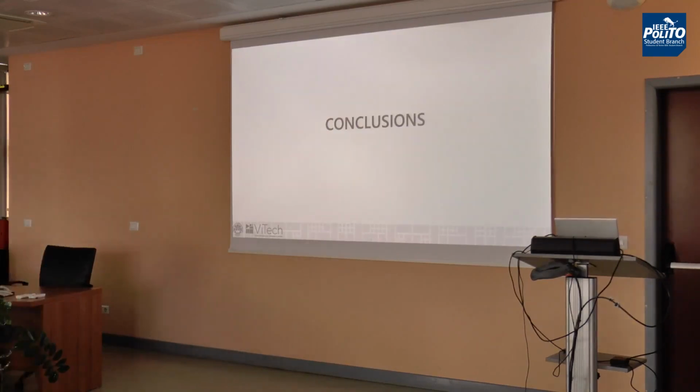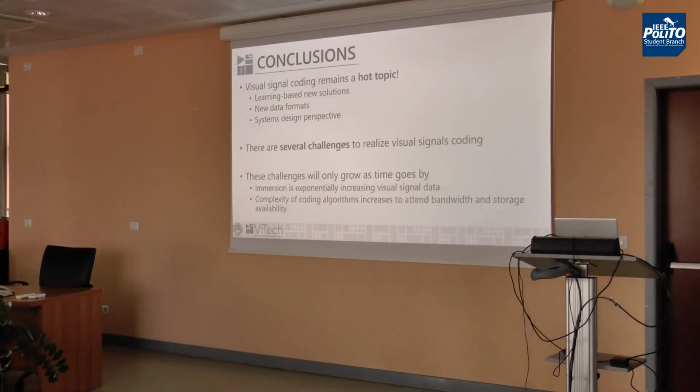Let me conclude then. Visual signal processing, when we look at the coding, is pretty mature, but there's a lot of things to be done both at system design and new data formats or new style algorithms.